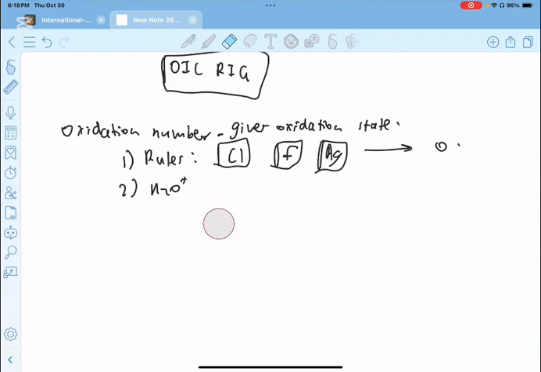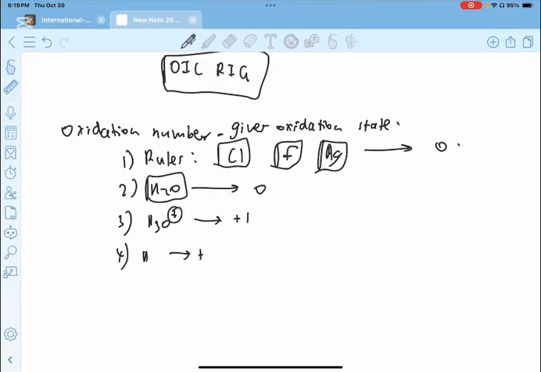There's no charge here, no positive or negative, so the total charge is going to be 0. The third one: oxidation numbers in a charged compound add up to the total charge. What do we mean by this? If you have H3O+, this is when H2O gains a proton. The oxidation state for this whole ion is going to be +1.